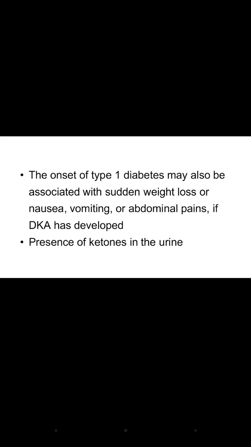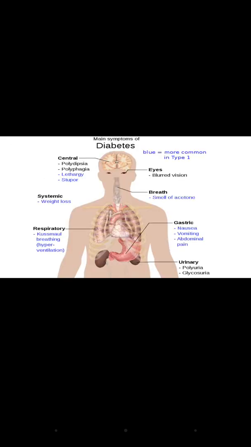Now, if there is excessive ketone formation, that will be detected in the urine also, because it will get filtered by the kidney and ketonuria will occur. So in a nutshell, with this image we can identify the main symptoms of diabetes.